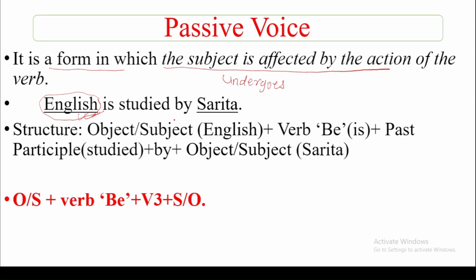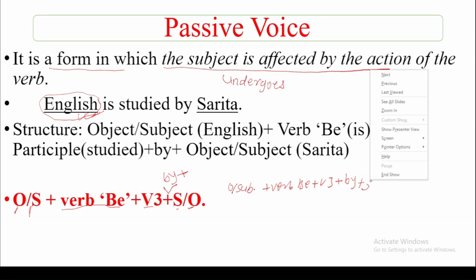If we talk about the structure of a passive sentence or passive voice, the object of the active sentence is written as the subject in passive, plus verb be, plus V3, plus by, plus the subject of the active sentence written as the object. It means the object of active is made the subject in passive plus verb be plus V3 plus by plus the subject of active written as the object in passive.